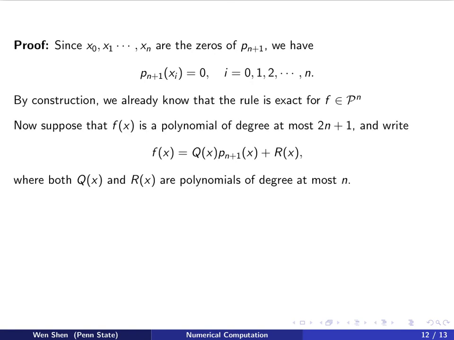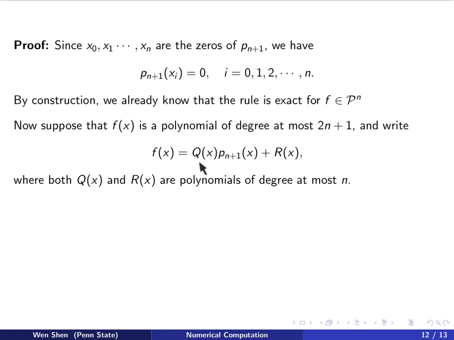Now we suppose that f is a polynomial of degree at most 2n+1. And then we can write f as follows. We write f as P_{n+1}, the polynomial of degree n+1, multiplied by q(x), plus r(x).